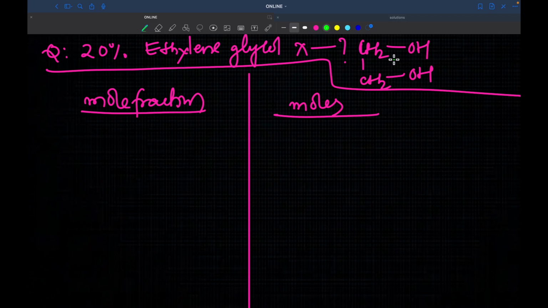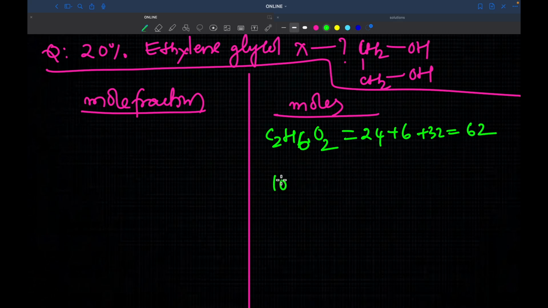What is the formula? C2H6O2. So this is 24 plus 6, 30 plus 32, 62. Yes, it is 62.